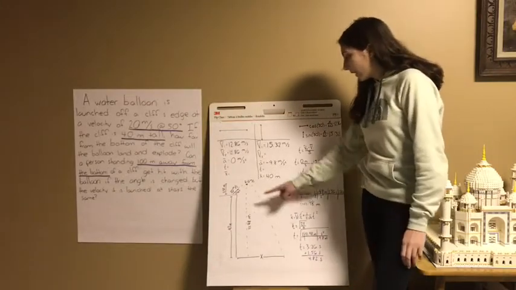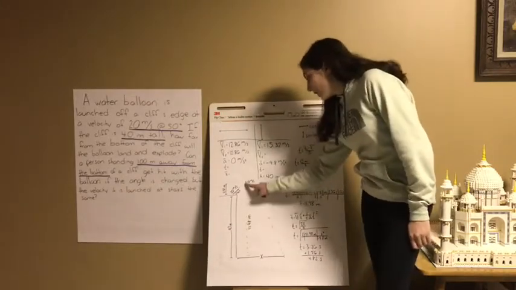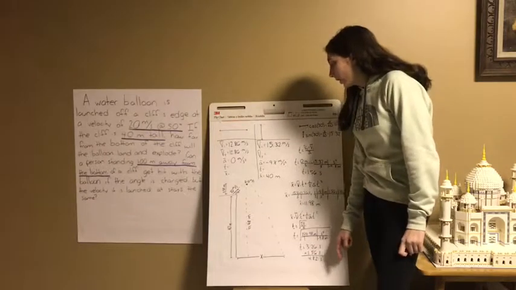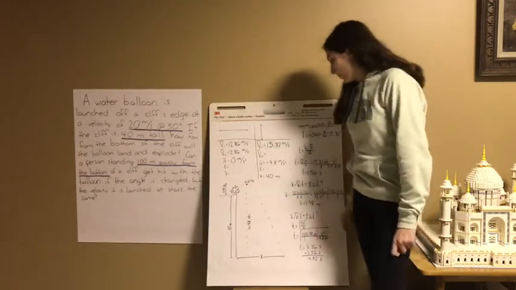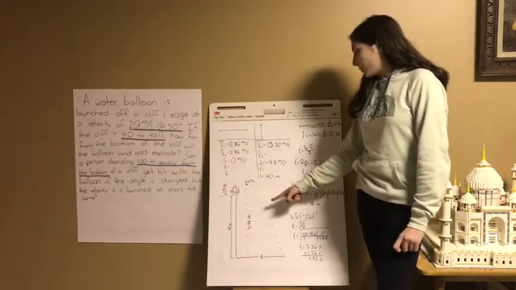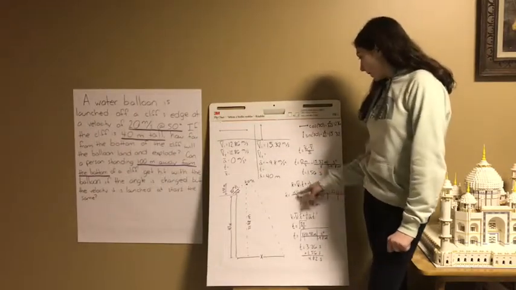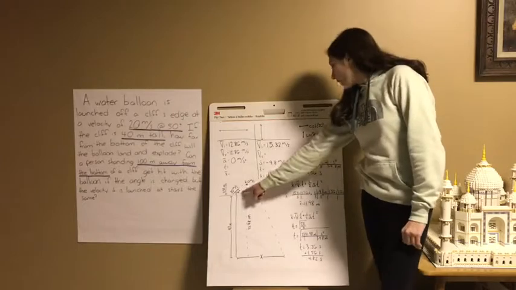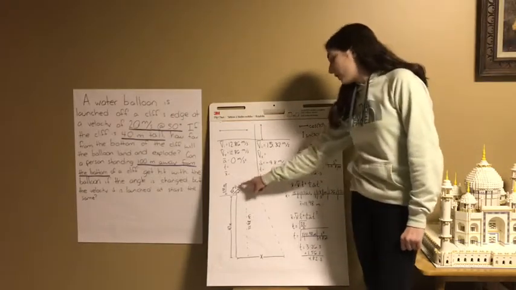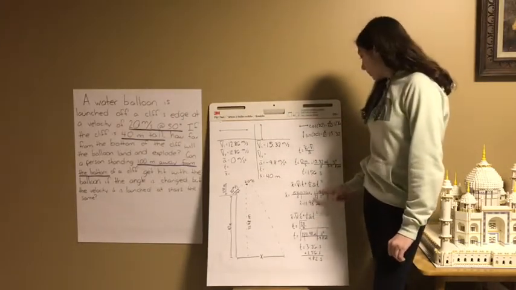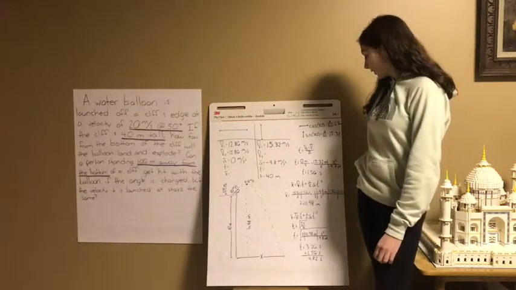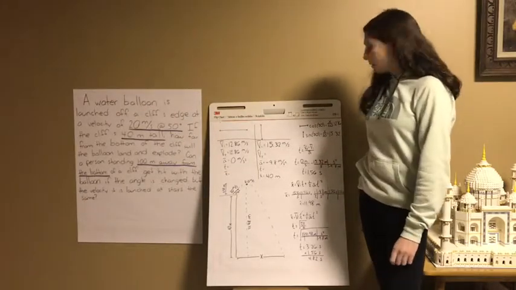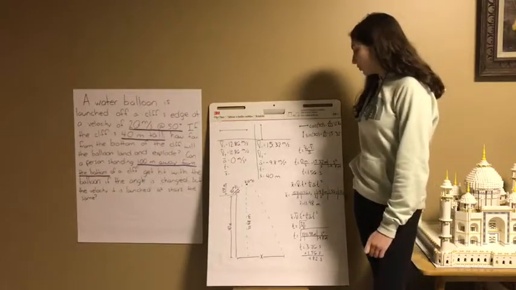So now we have to find the displacement from here to here, so then we'll be able to find the time it takes to go from the very top to the bottom. To find that, we'll use the displacement formula and plug in our values: the initial velocity times the time it takes to here, plus 1/2 times negative 9.8 meters per second squared times the time squared, so 1.56 squared.